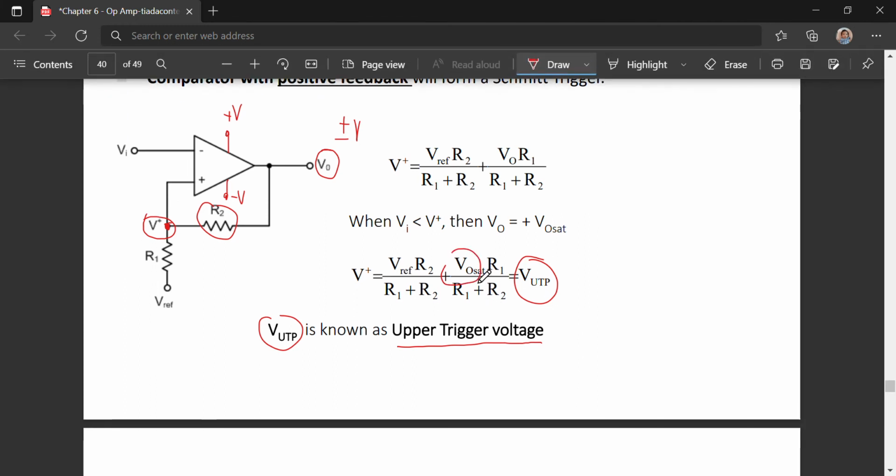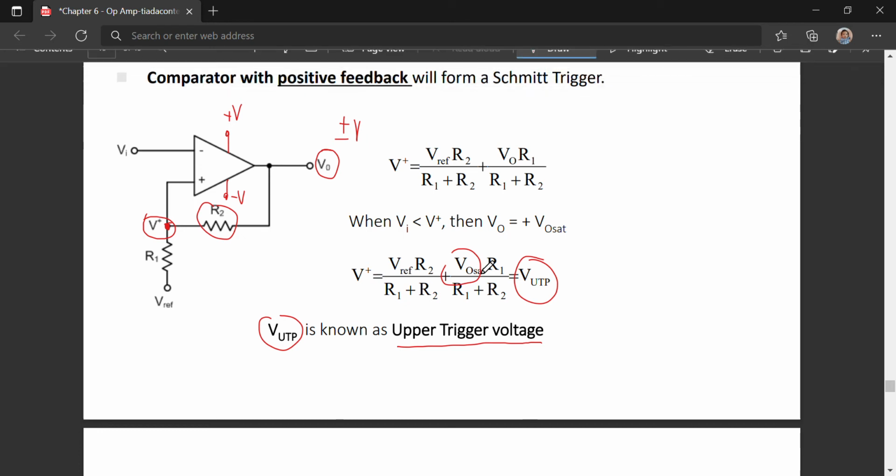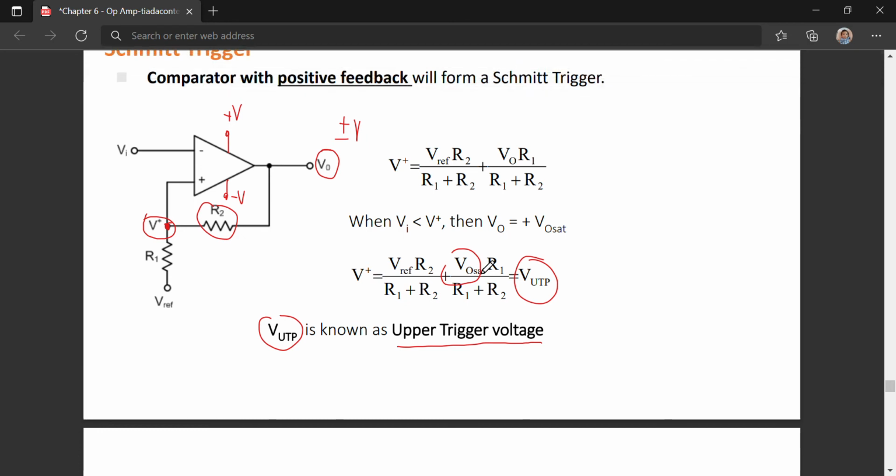VO sat is the positive VCC in the ideal case, but in practice the Vout is not positive VCC, since there is a voltage drop by the components inside the op-amp itself, so the output is not positive VCC but positive VO sat.